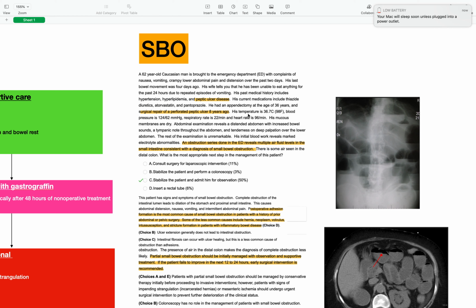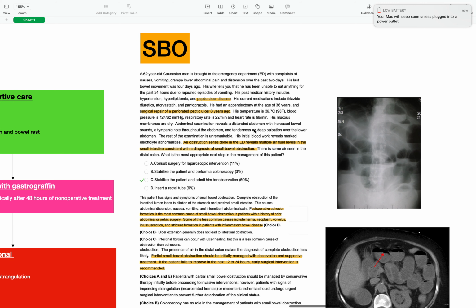His temperature is 36, respiratory rate 22, heart rate 96. Mucous membranes are dry. Abdominal examination reveals a distended abdomen with increased bowel sounds, a tympanic note throughout the abdomen, and tenderness on deep palpation over the lower abdomen. The rest of the examination is unremarkable.